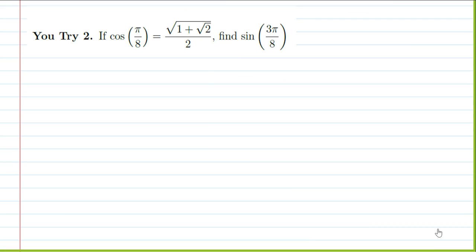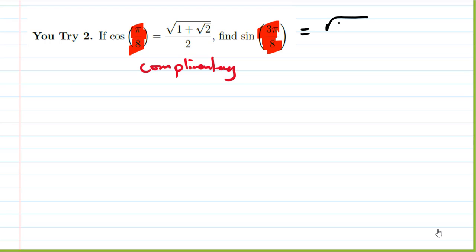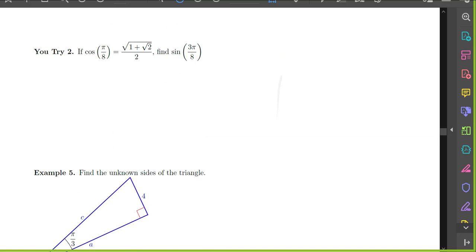All right, so these two angles are complementary. So then they have the same value. So it's going to be 1 plus the square root of 2 under the radical over 2, because they're complementary angles just like in the previous example.